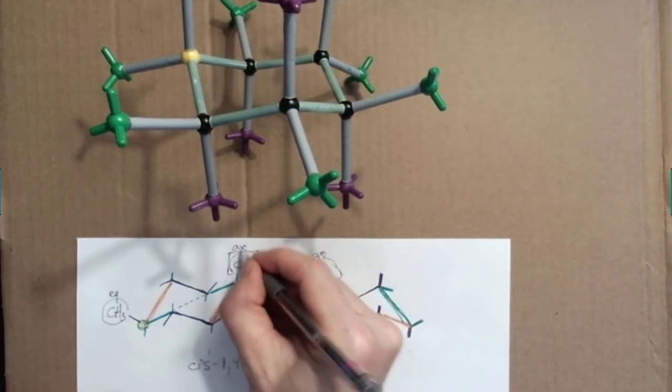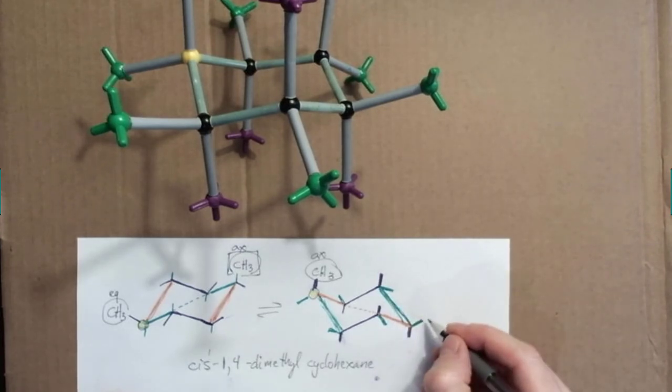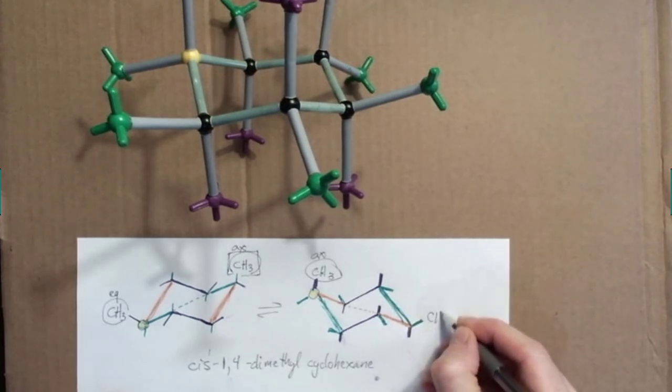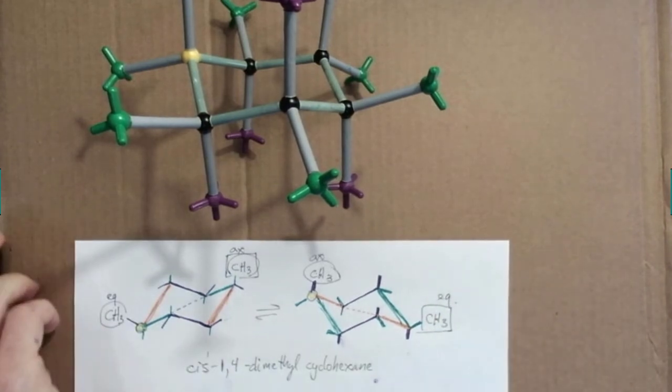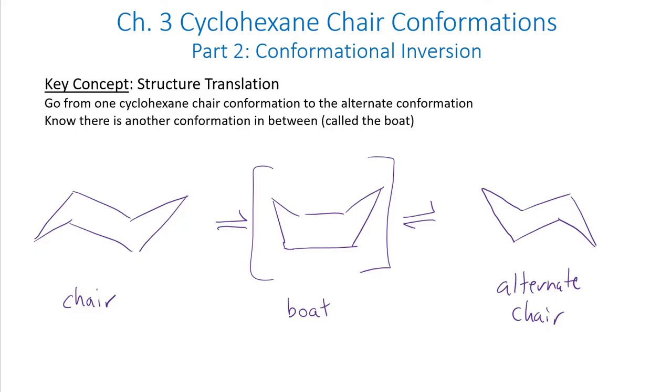And in the case of the axial one, we're going equatorial. So practice this with other structures. We want to get fluid with this and be able to translate from one structure to the next.